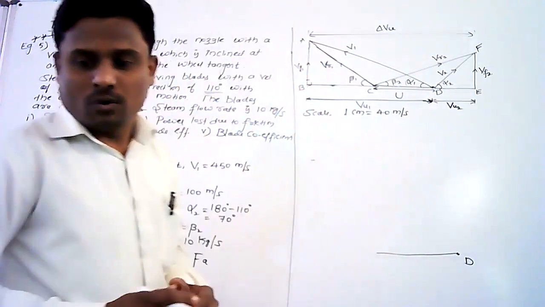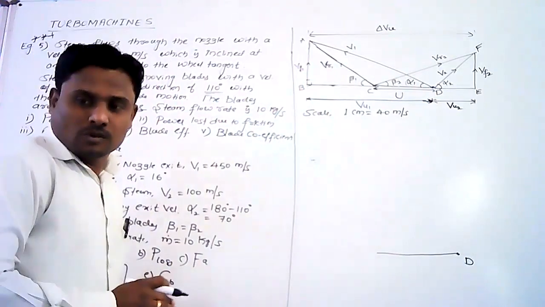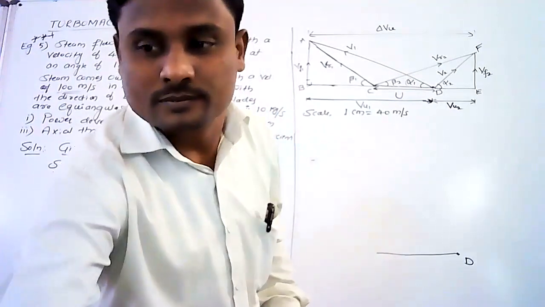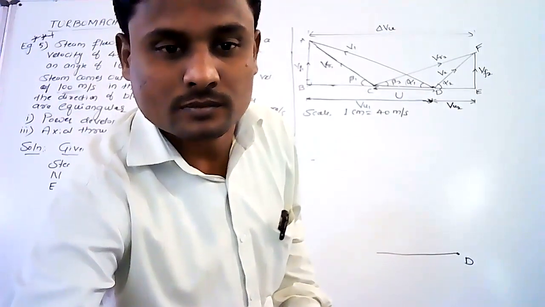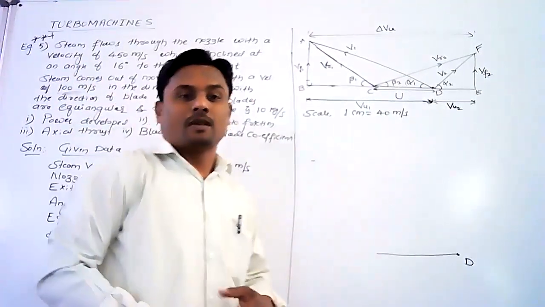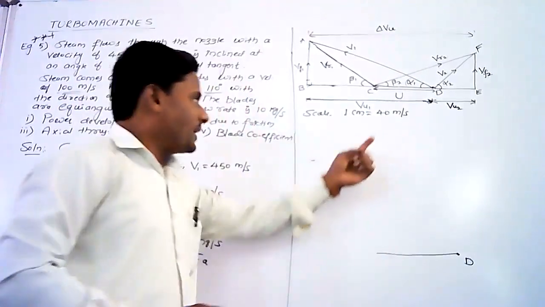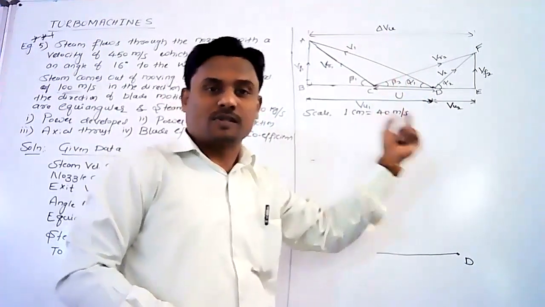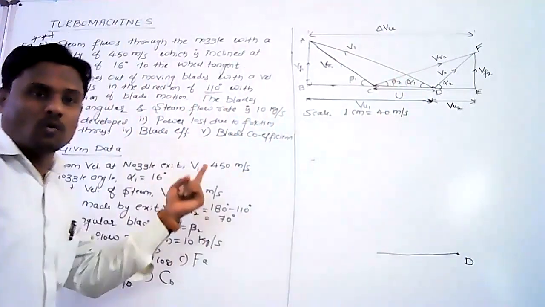Now look here carefully. From point D, V1 is emerging at an angle alpha 1, which is given as 16 degrees, and V1 equals 450.